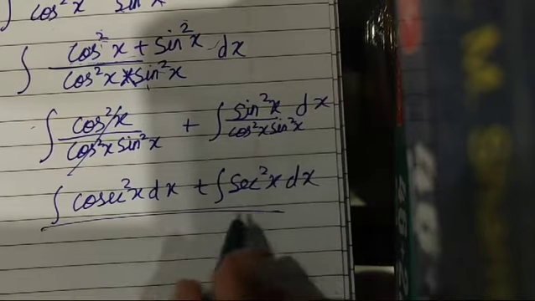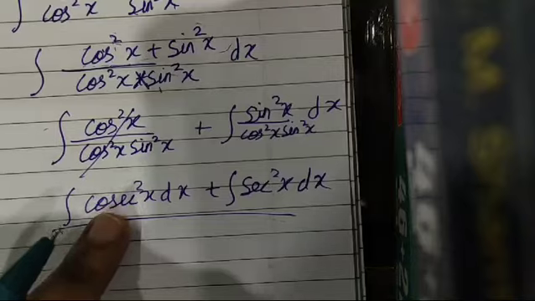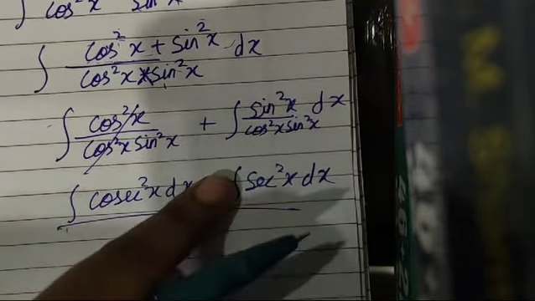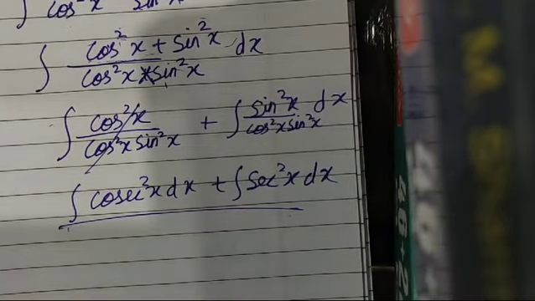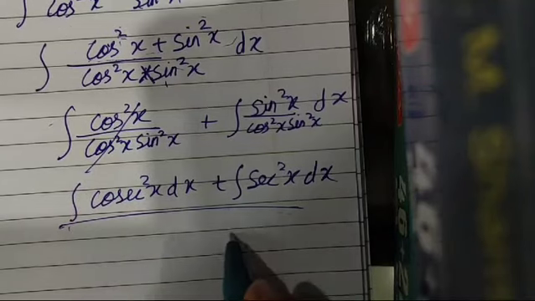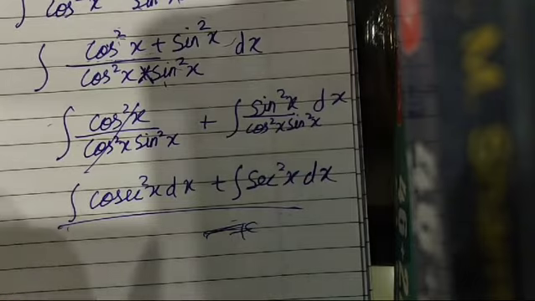I would strictly advise everyone to go to the formula page and find out the integration of these two, because this is standard integration. I'm not going to write the answer here. You should be able to find the answer, and please add plus c at last. This much thinking you should do by yourself.